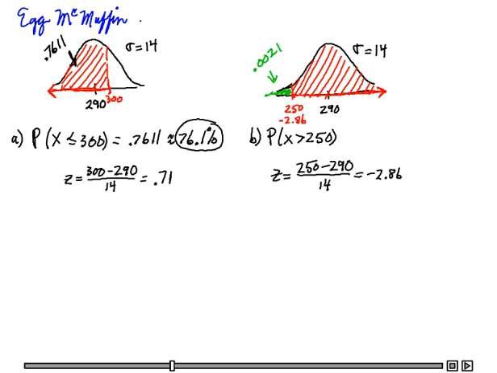0.0021. Now I want the area above the 250. I want the probability that x is going to be greater than 250. So I know that the entire area under the density function is 1.